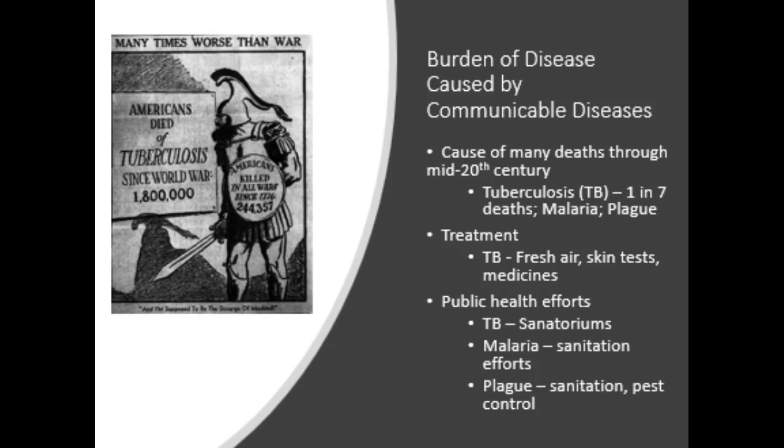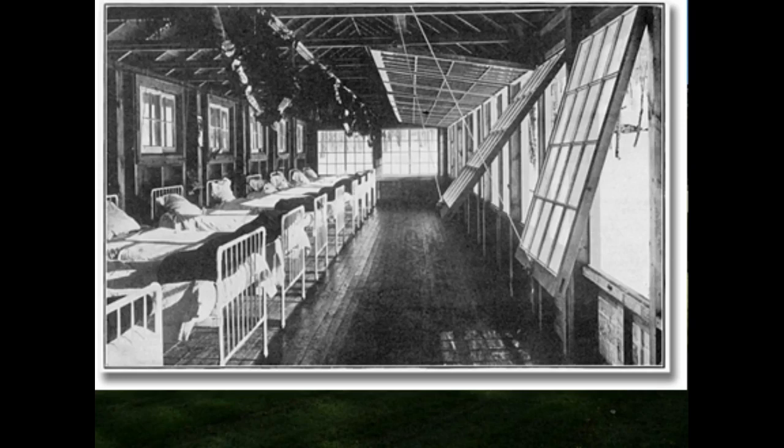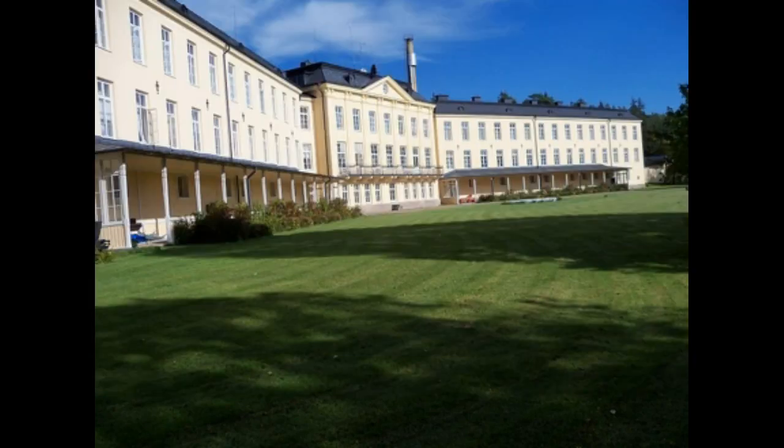So we have the cause of death being infectious diseases such as tuberculosis, where at one time 1 in 7 deaths were attributed to tuberculosis, malaria, and the plague. Treatments for things like tuberculosis were fresh air and certain medicines. This is a picture of a sanitarium where individuals who had tuberculosis would go to heal, and you can see the nice windows that open so that they can get this fresh air.